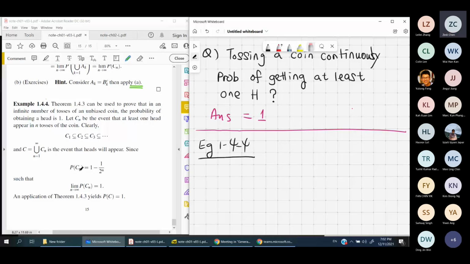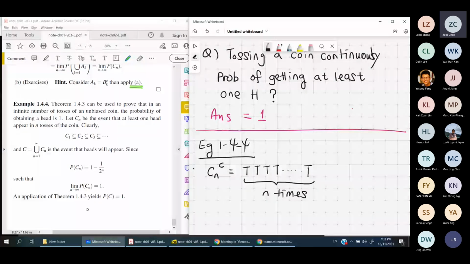You may see it this way: Cn is at least one hit, so the complement of Cn will be all tails for n times. So we always get tail for n times.